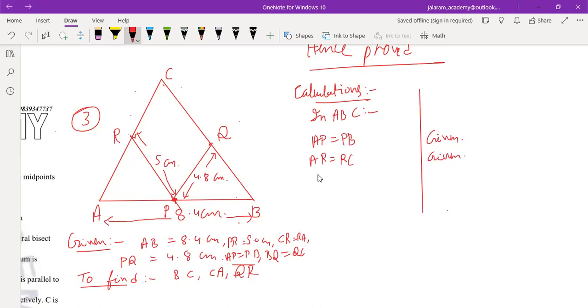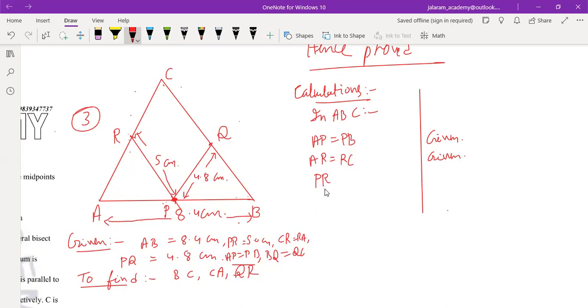So the line segment PR joining the midpoints of two sides of triangle ABC. Which two sides? AB and AC. P is the midpoint of AB, R is the midpoint of AC. So the line segment PR joining the midpoint P of side AB and midpoint R of side AC is half and parallel to the third side.